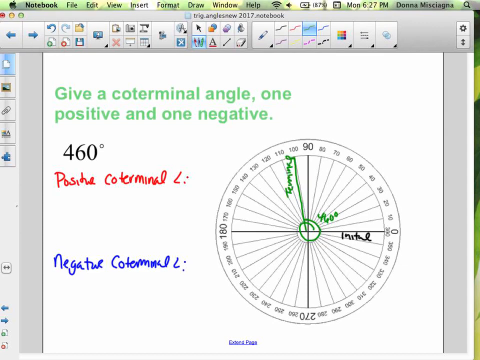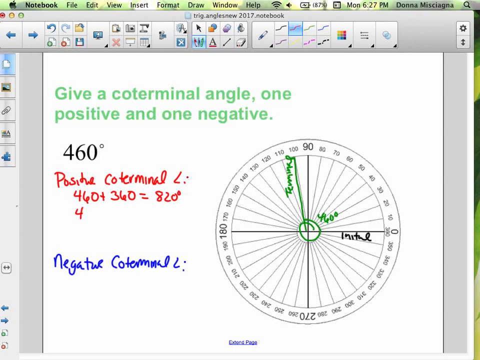We want a positive coterminal angle. Actually, we have two choices here, because this one's already more than 360. We could take the 460 degree angle and add 360, and that would give us 820 degrees, which means we'd go around the circle twice and then get to that spot.